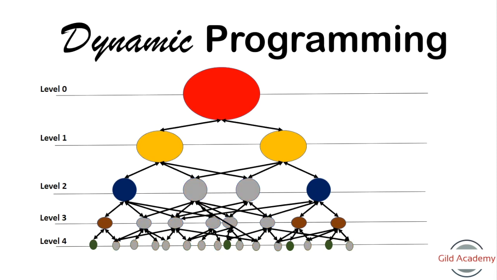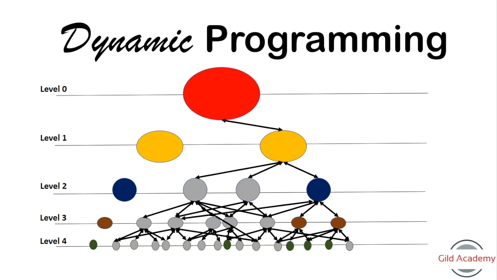So these highlighted subproblems are the ones which get calculated when we are solving the first subproblem at level 1, and the same highlighted subproblems get computed again when we are solving the second subproblem at level 1. As you might agree, this is not a very efficient way of solving the problem because we are solving the same problem again and again.